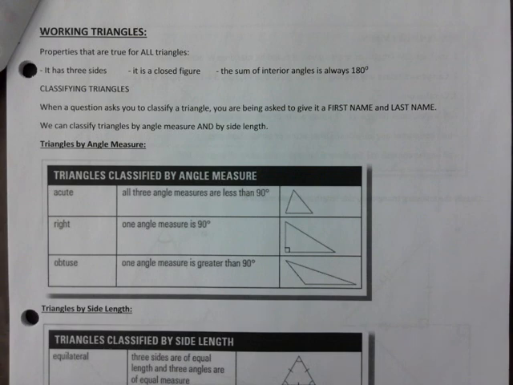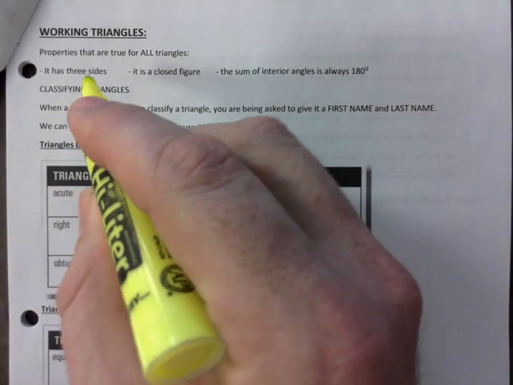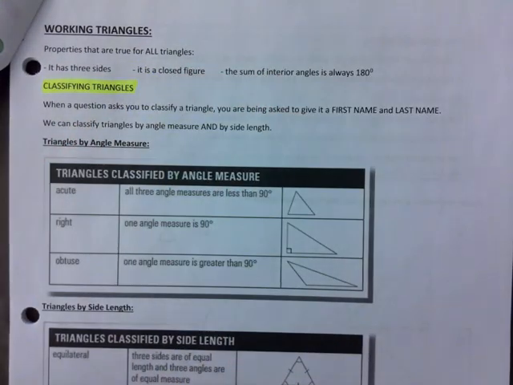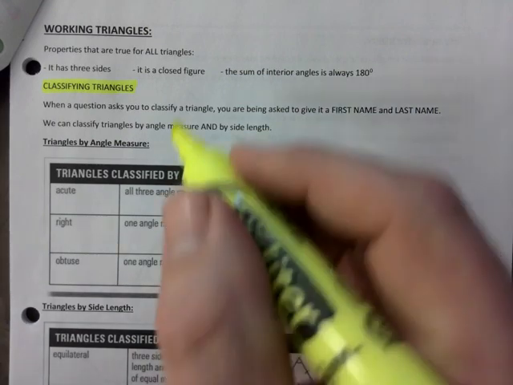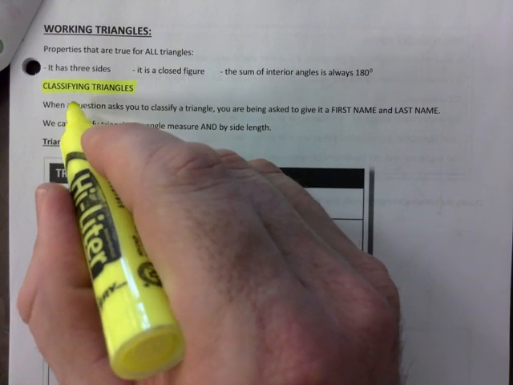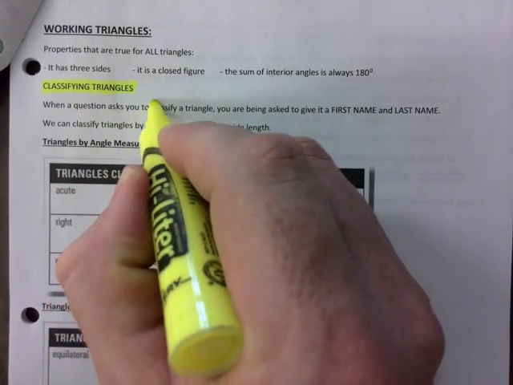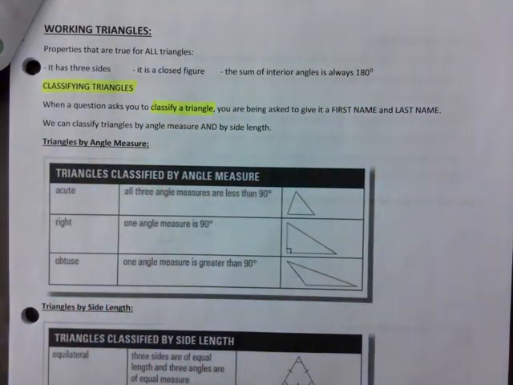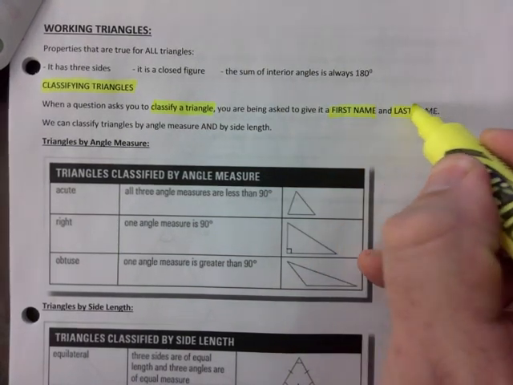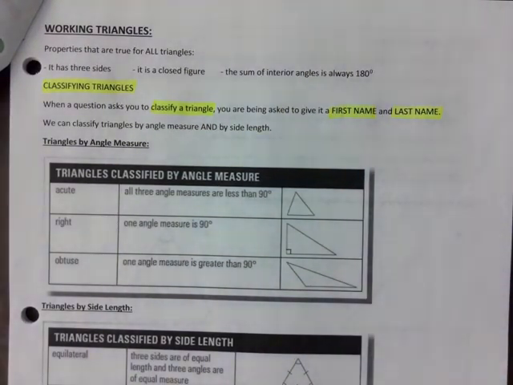On page 6 now, I think the main point here is that we're going to classify triangles. And when a question asks you to classify a triangle, I hope you don't miss this, this is just me, I just came up with this, give it a first and a last name.